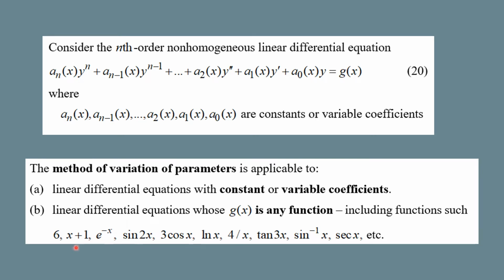That's the advantage of using the method of variation of parameters, because it has no restriction on what the coefficients have to be, and no restriction on the type of the function g(x).